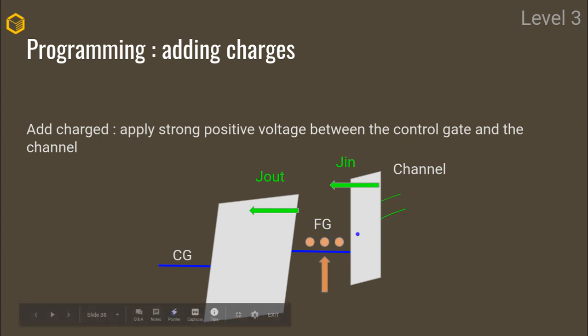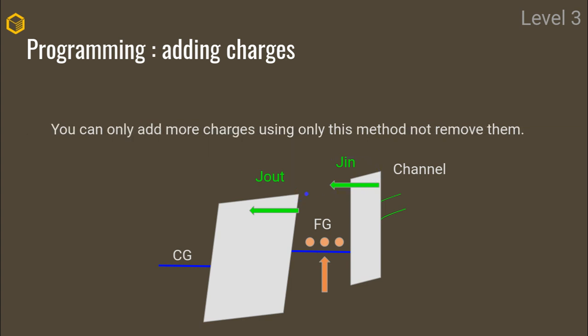And so the thing is, as a couple of these charges accumulate, the differential in charges in here and here will start to equalize, and at some point my flow here and this one would equalize, and the flow would stop. And so here I would have charged my floating gate.